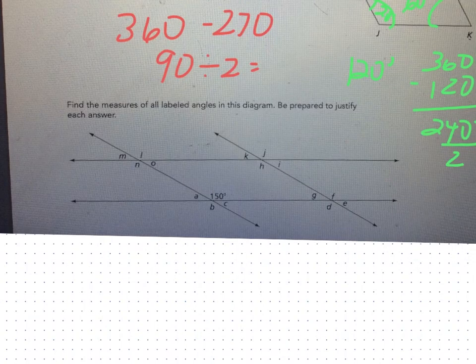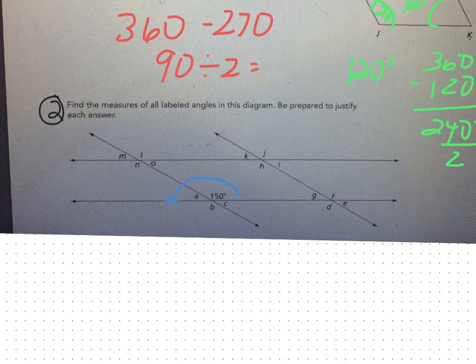All right, let's call this second one problem number 2. And if you use what we've learned about transversals, if this is 150, it together with angle A makes 180.